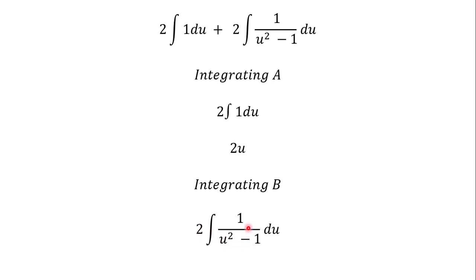Okay, here, because the numerator is 1, we are going to factorize. I know some of you might ask: why is it that where we had u squared over u squared minus 1, we didn't factorize it?